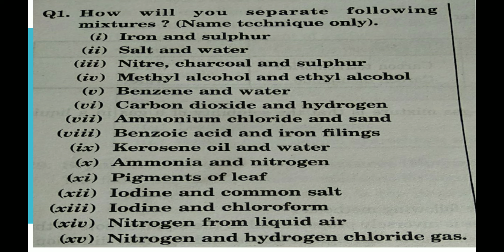That is iron and sulfur, next salt and water, nitre, charcoal and sulfur, methyl alcohol and ethyl alcohol, benzene and water, carbon dioxide and hydrogen, ammonium chloride and sand, benzoic acid and iron filings, kerosene oil and water, ammonia and nitrogen, pigments of leaf, iodine and common salt, iodine and chloroform, nitrogen from liquid air, and the last one is nitrogen and hydrogen chloride gas.